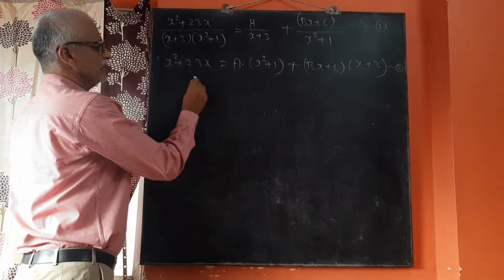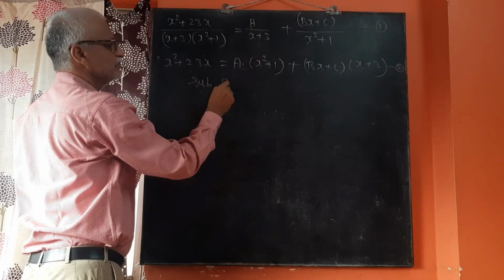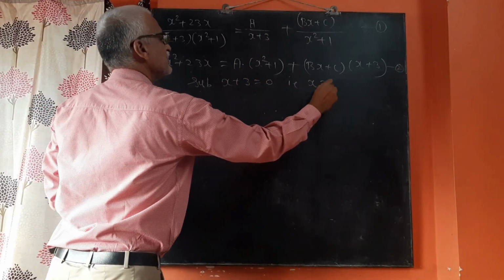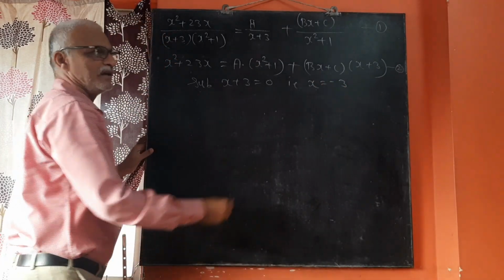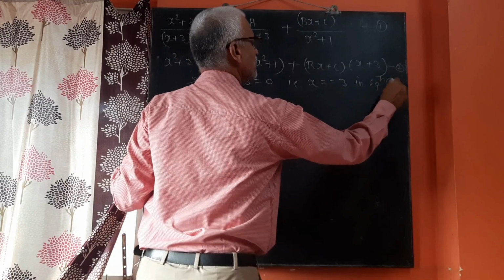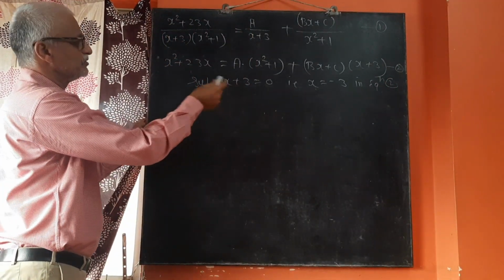Now substitution. First substitution is the denominator of A equals to 0. So substitute x plus 3 equals 0, that means x equals minus 3, in equation 2. Let us see what we get after the substitution.